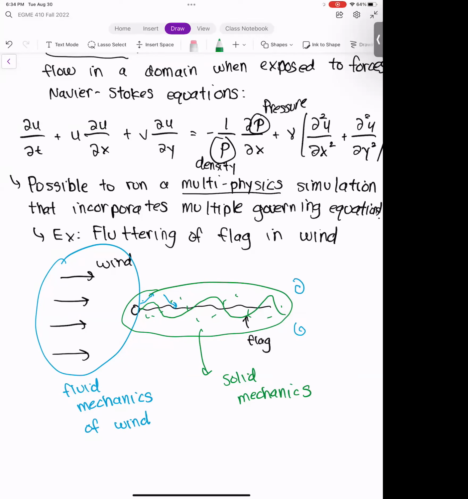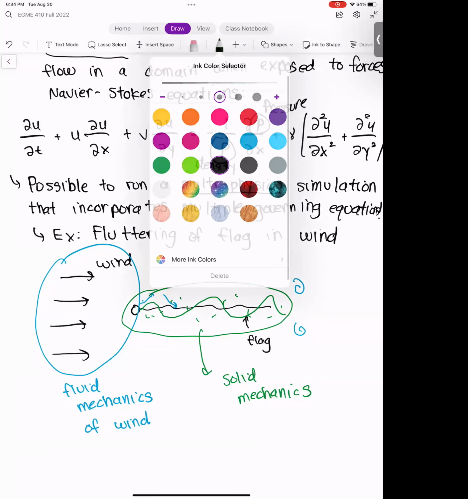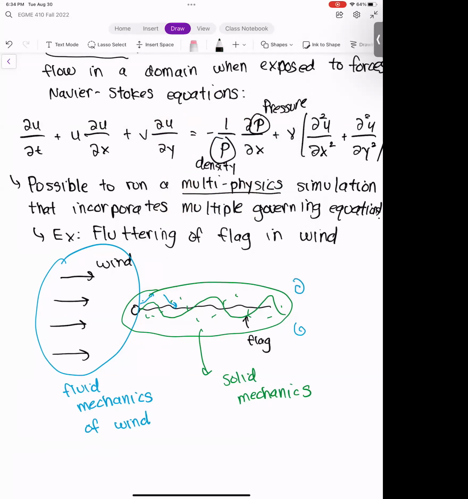Aerodynamics often doesn't account for the solid mechanics of the object. If you're talking about an airplane wing, we mostly assume those are stationary in the flow, but here we have a flag that's actually going to be fluttering and responding to it.